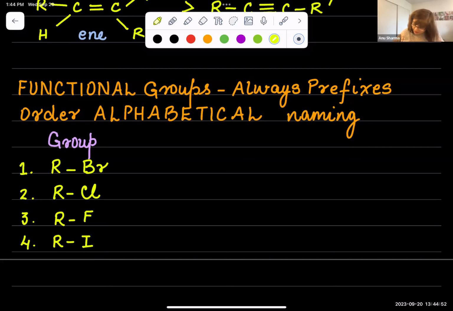What are their names now? This would be named as bromo, and then whatever it is, like bromo-cresol, and so forth. So this is the prefix for these.